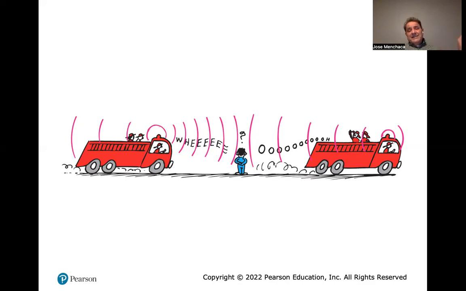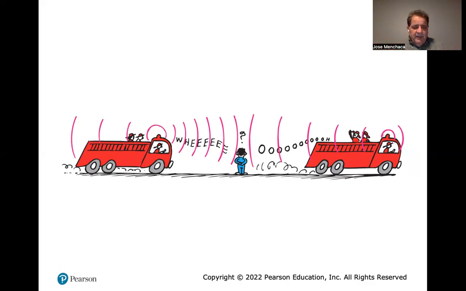If someone honks a horn while they're passing you, you've certainly heard the Doppler effect. But even just the cars passing, there's a change in frequency of the car approaching. The engine has vibration, and as the engine is approaching you, you hear it at a high vibration, and as it passes you, it lowers in vibration.